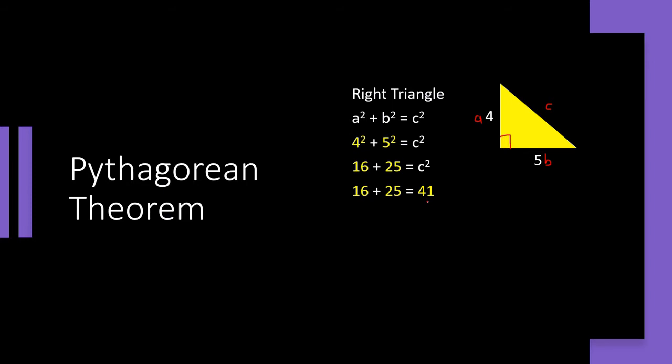So now what we need to do is reduce this. And we reduce powers by doing the opposite, by doing the square root. So to reduce this 41, we're going to take the square root of 41. You're going to have to use your calculator for this.